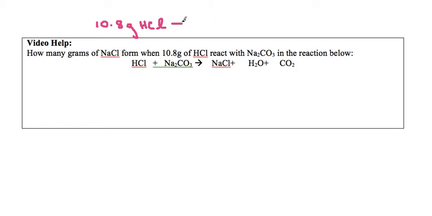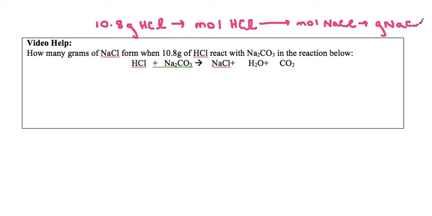I first have to get into moles of HCl, and the reason why is then, and only then, can I use my mole to mole ratio to get me into moles of NaCl, and then finally into grams of NaCl. Okay, so it's going to be a number of steps, but you can do it, I promise.